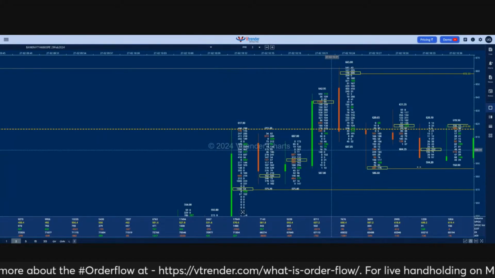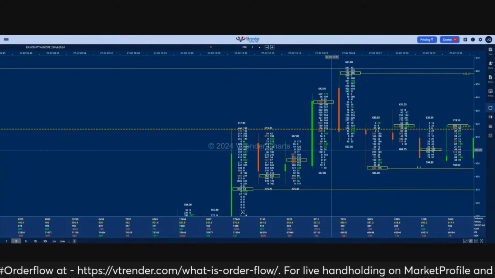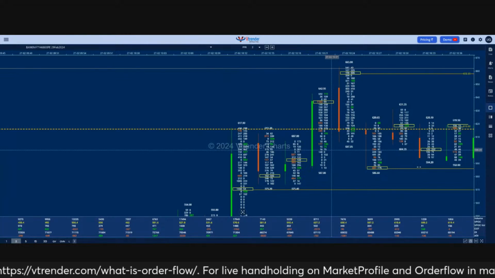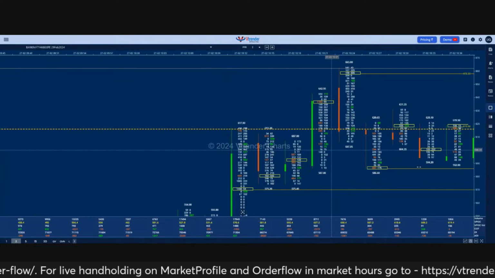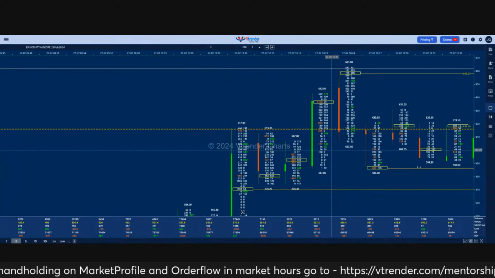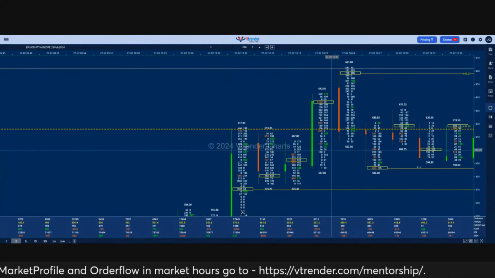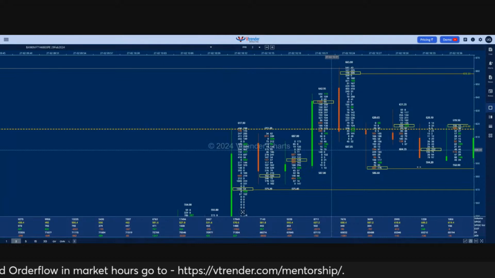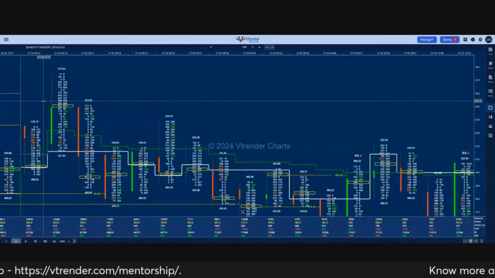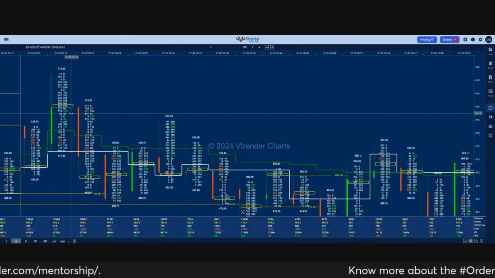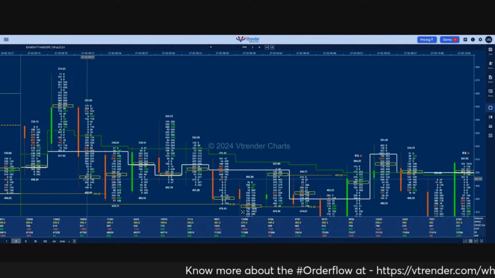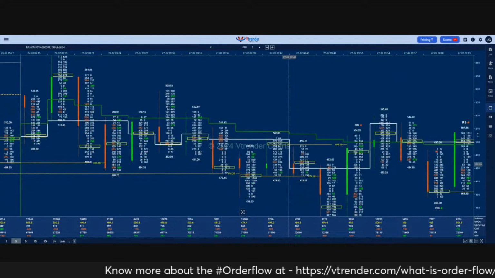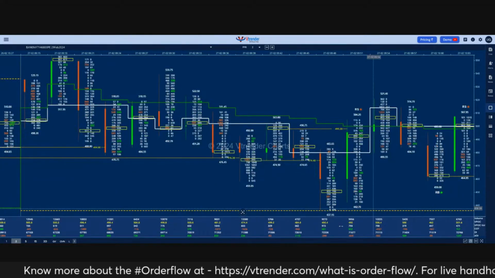I'll just quickly run through what happened when we made these new highs in the B period. This is the opening order flow of that 46,800 put, and how in this probe higher we got zeros on the buy side, and we made a retracement and went down lower.